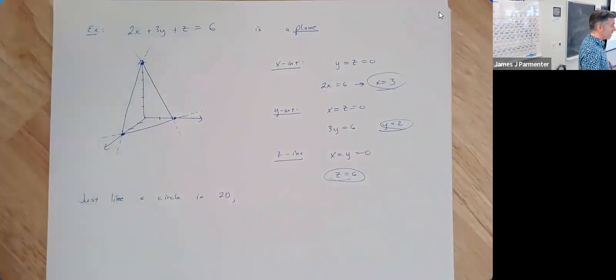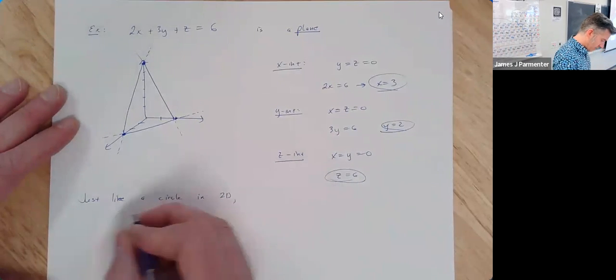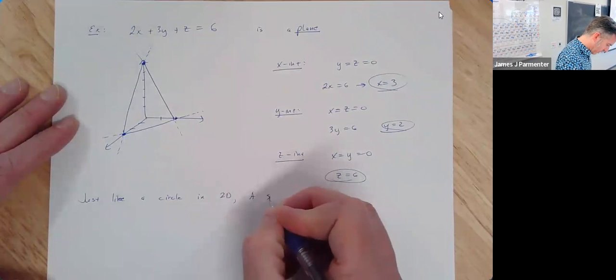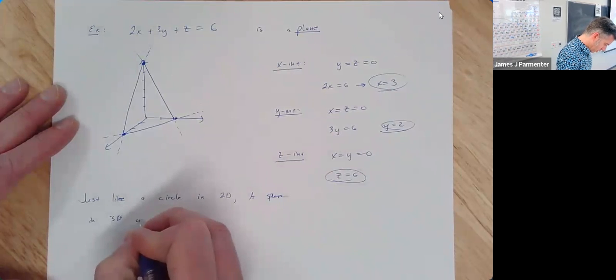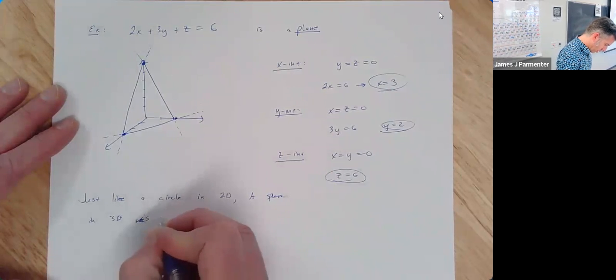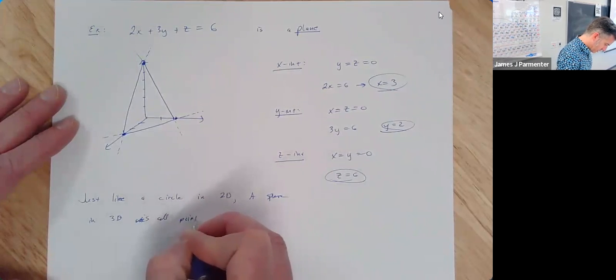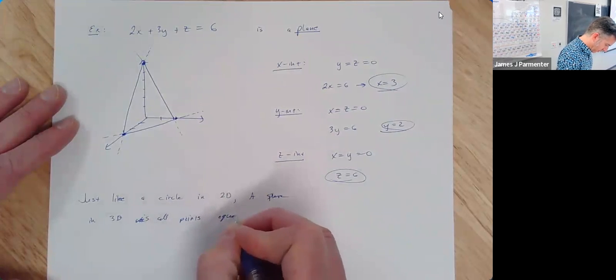A sphere is the same thing. A sphere is every point in 3-dimensional space that is equally distant from the center of the sphere. Just like a circle in 2 dimensions, a sphere in 3 dimensions is all points equally distant from the center.